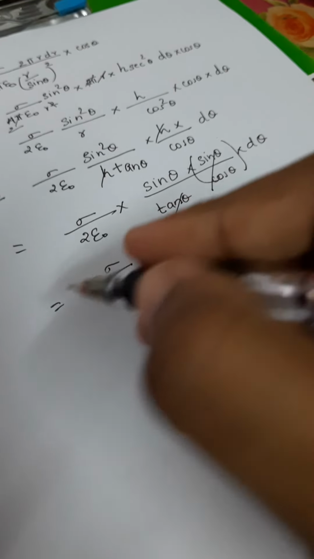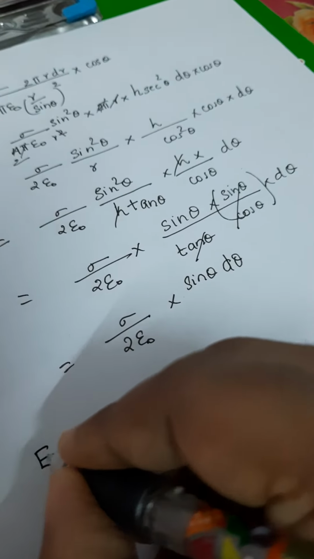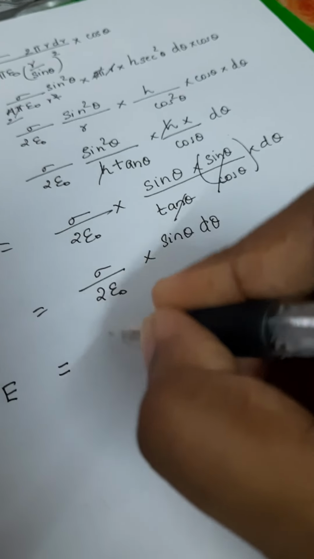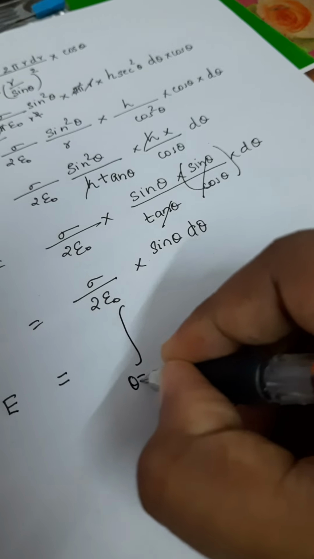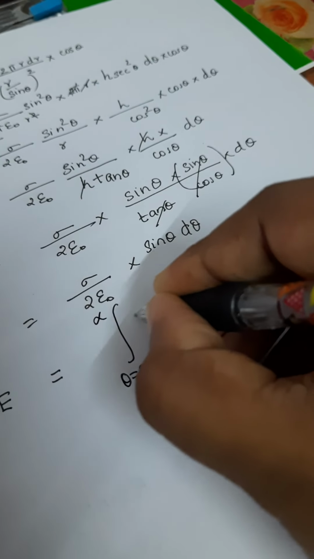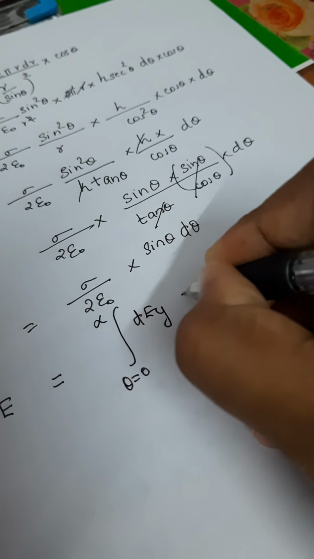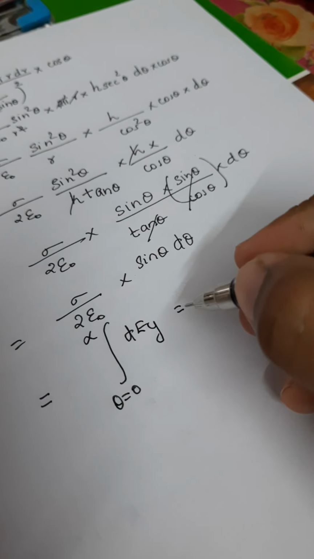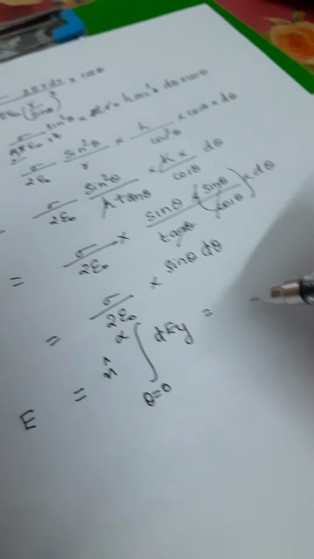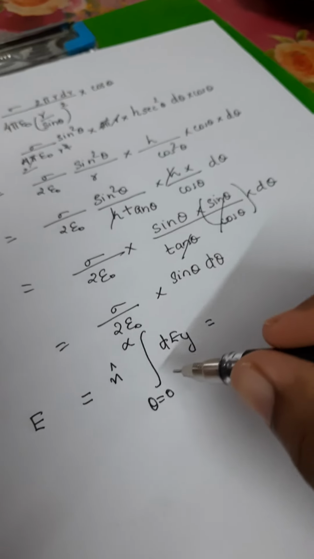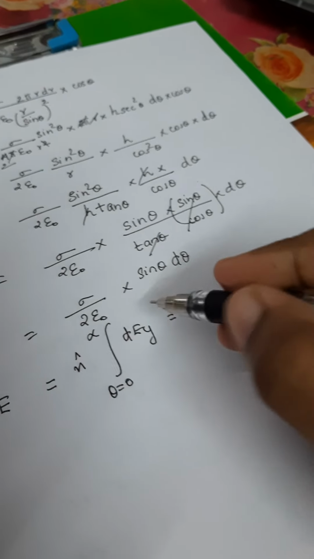What we have to find is E. So E is equal to the closed integral, with theta varying from 0 to alpha, of dE. Substitute the value of dE. The direction of this dE is along the normal, that is the normal component.